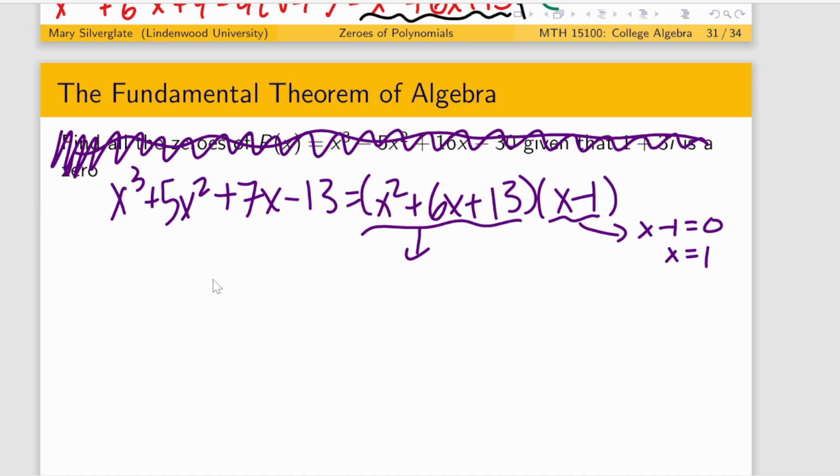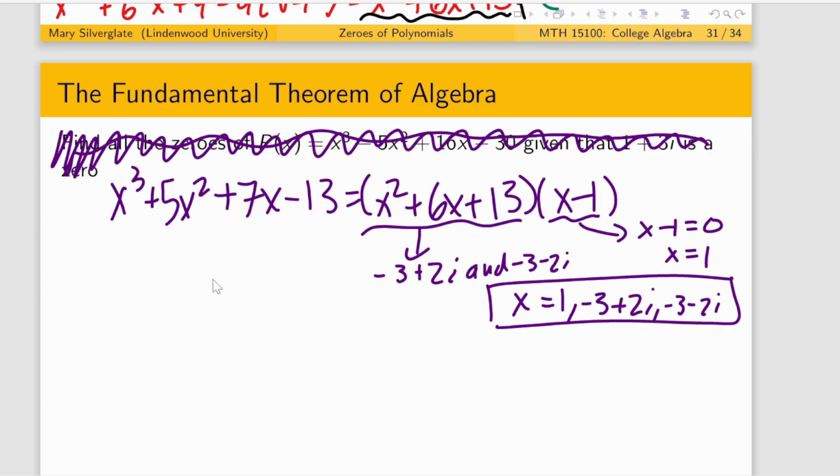So that would be -3 plus 2i and -3 minus 2i. Those would be our two complex zeros. So all my total zeros are 1, -3 plus 2i, and -3 minus 2i, all three of them.